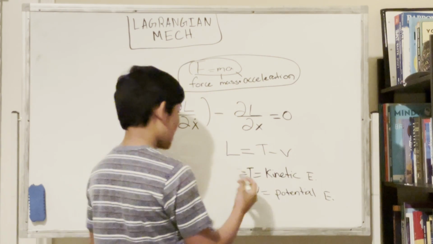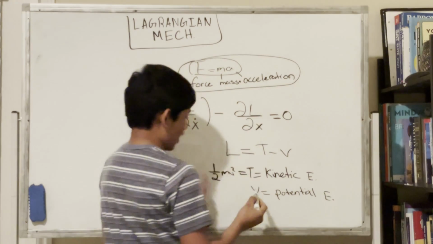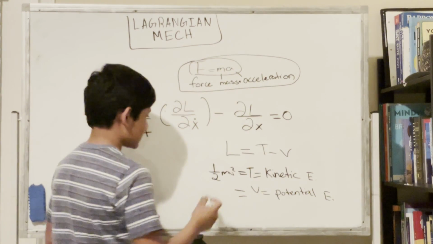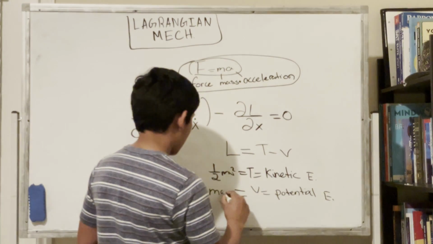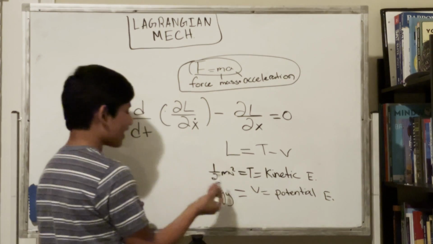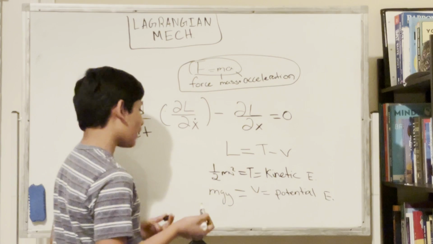We know that the kinetic energy is 1/2 mv squared for this system we're dealing with. It could vary sometimes. And we know that the potential energy is mgy. So the kinetic energy is 1/2 mv squared, and the potential energy is mgy.